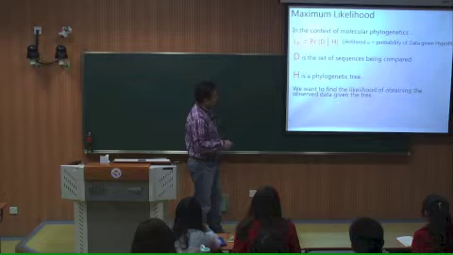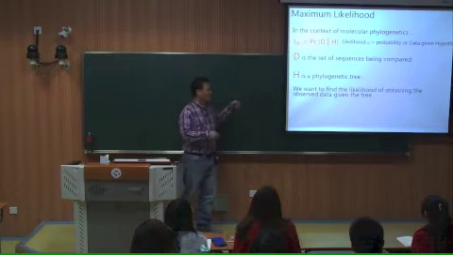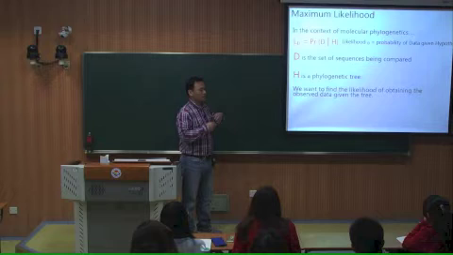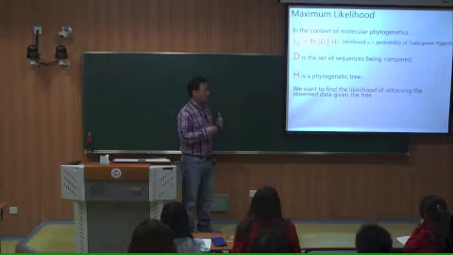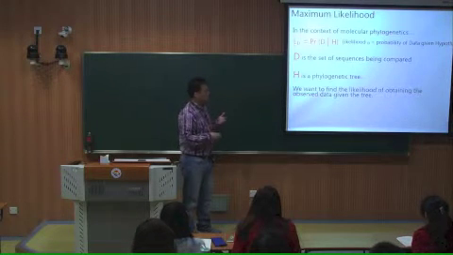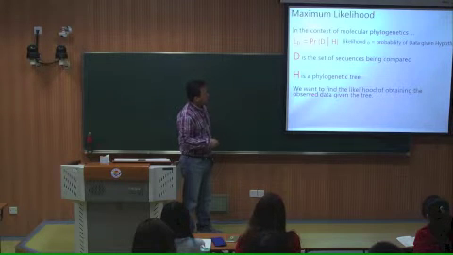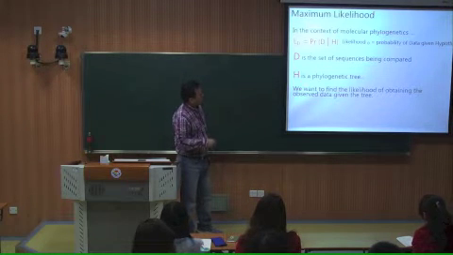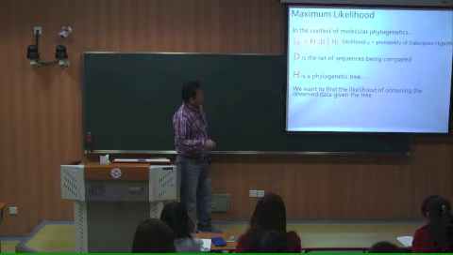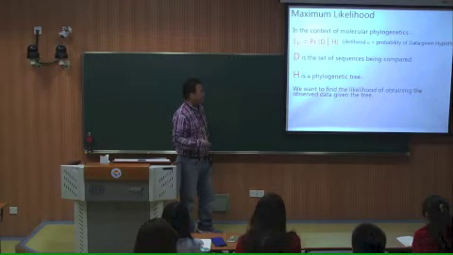In the previous example, the hypothesis is a pair of dice, but here it is a phylogenetic tree, including the topology, the branch length, and also the transition matrix and base frequencies. So we want to find out what tree can maximize the observed data. That's the basic idea.